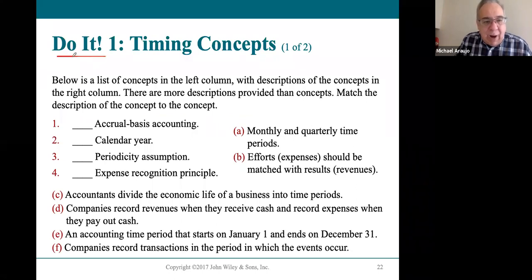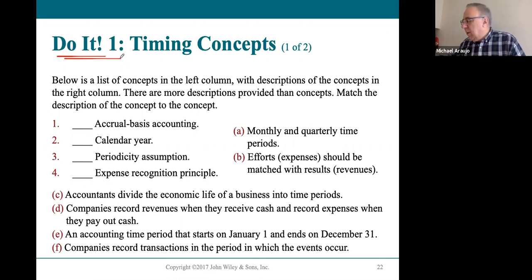You're learning why we have to do those processes. And it really comes down to understanding the periodicity assumption and the two principles, revenue recognition and expense recognition. If you understand all of that, you understand why we have to double check or go through an adjusting process.